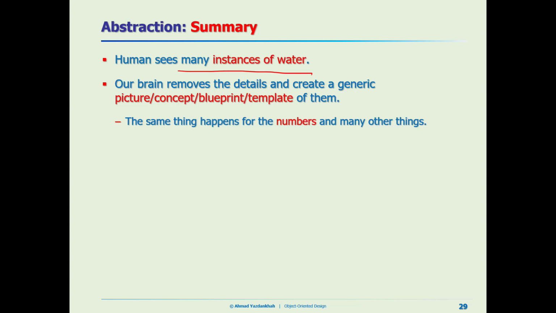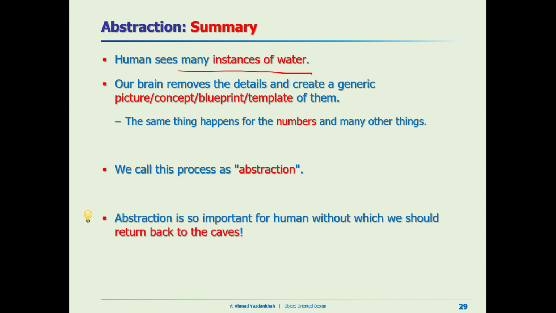This is called abstraction. We are not done yet; abstraction is a big topic, and we will get back to this later. But for now, this much is enough for us to understand the meaning of the class.